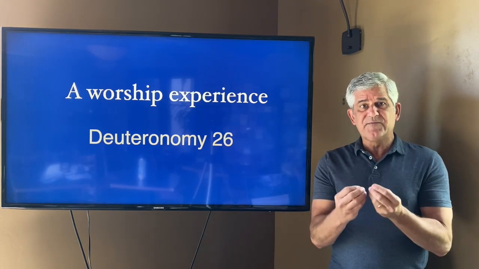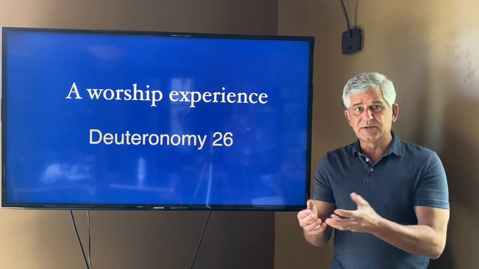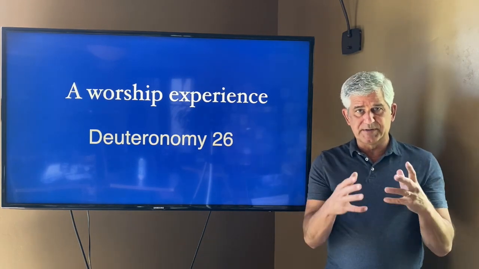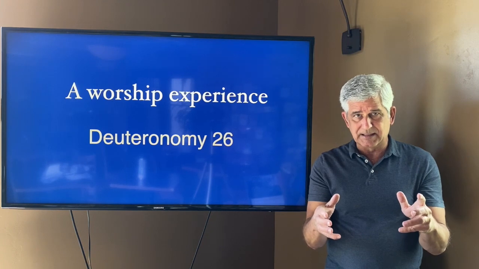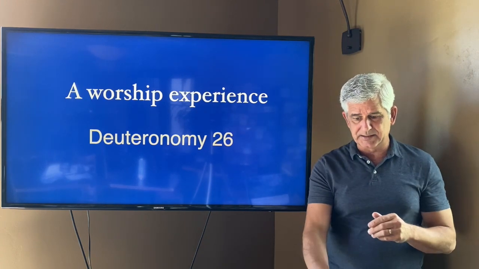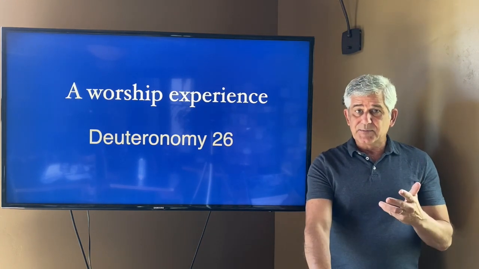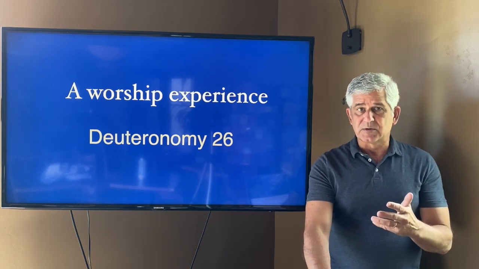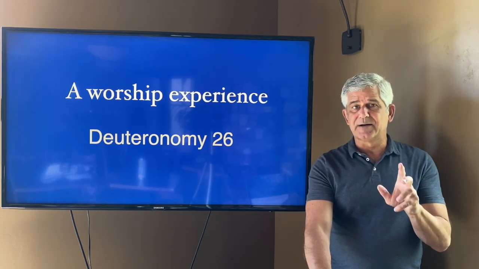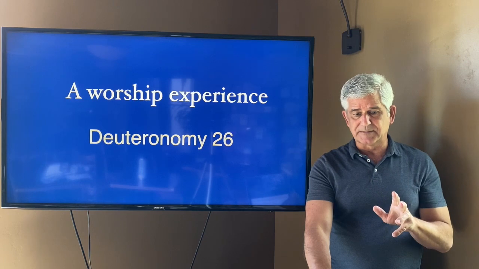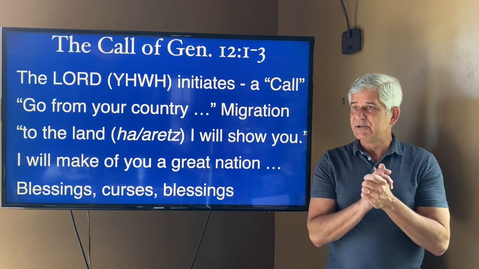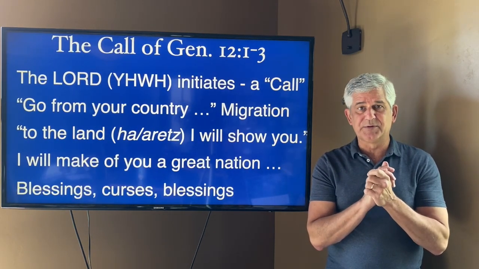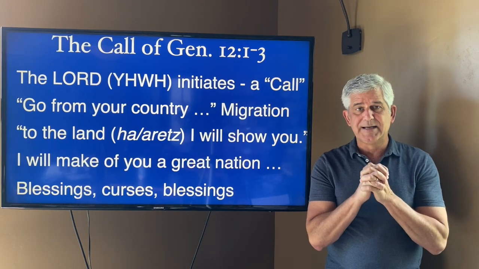But you identify yourself within a lineage of this wanderer, someone who was not fixed in a land but was moving from place to place. That's why I want to focus on migrant stories, because I think that's a key part of the identity of the people of God. So, Genesis chapter 12, verses 1, 2, and 3.